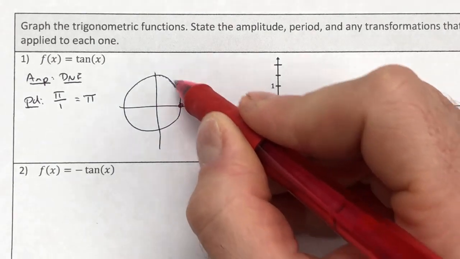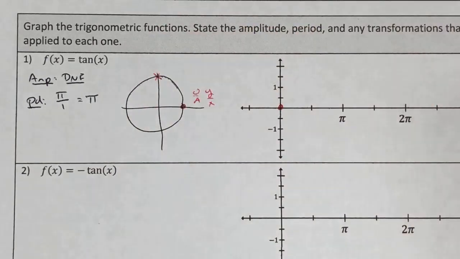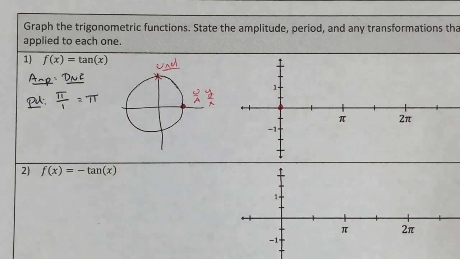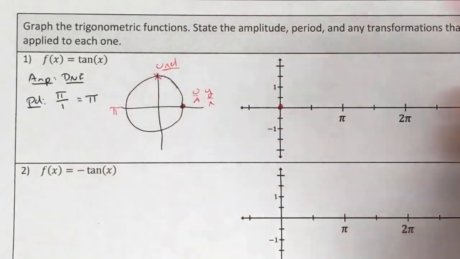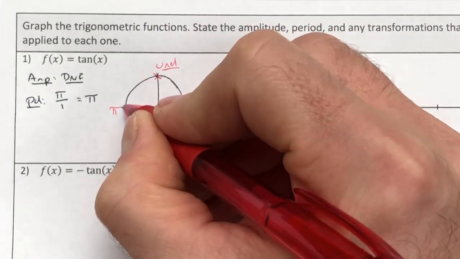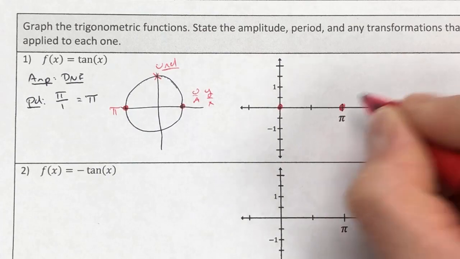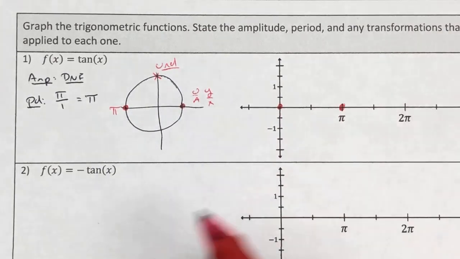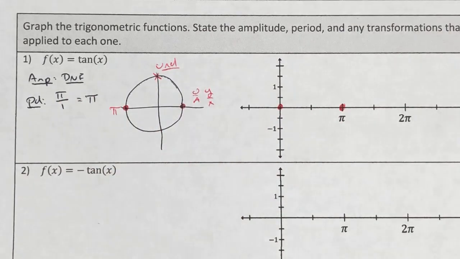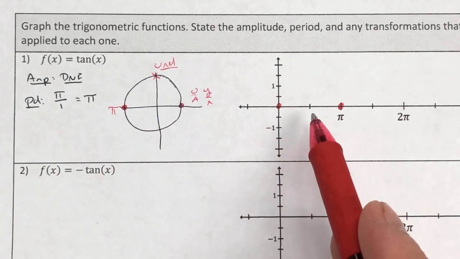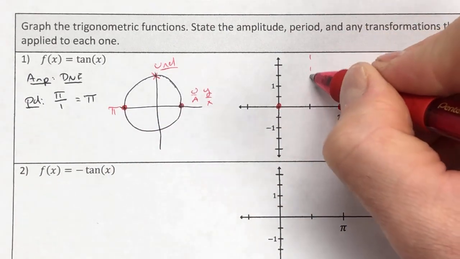So I know the function is going to start itself off at the 0 value. I also know that by the time it hits right here, my x value will disappear and I'll be undefined up here at the top, which is halfway to the value of pi, where it looks like at pi, again, I'll be at 0. Boom. So I have a 0 and a 0, which makes sense because this will repeat itself every pi units. And directly between those two values at pi over 2, I'm undefined.